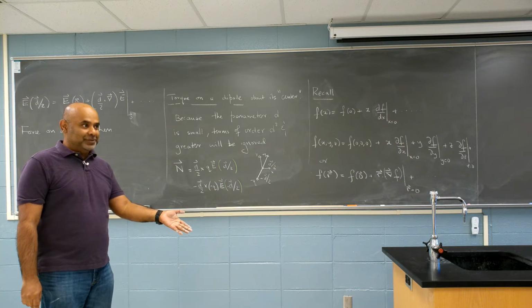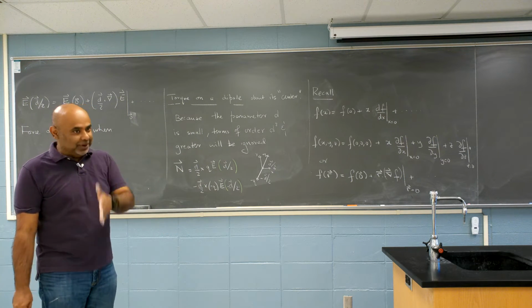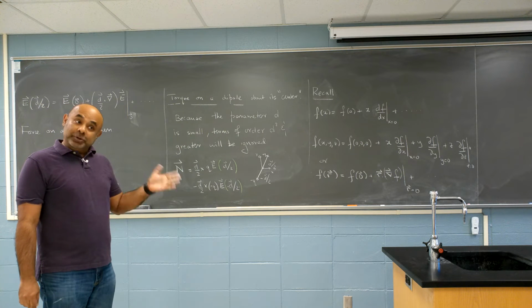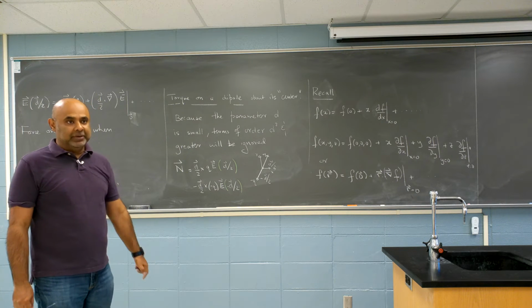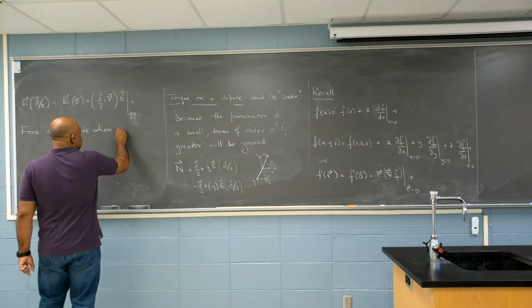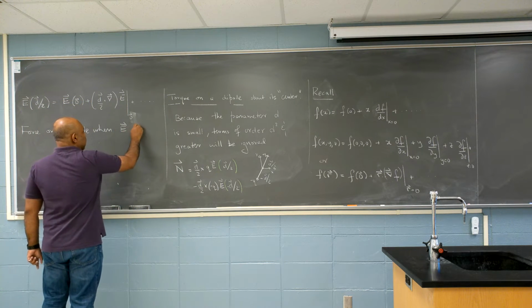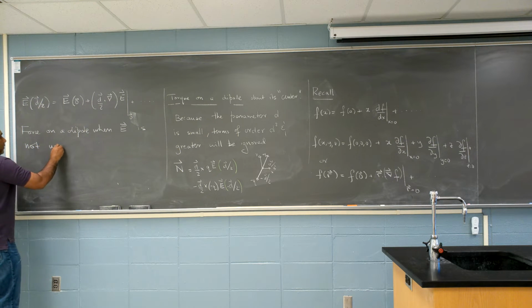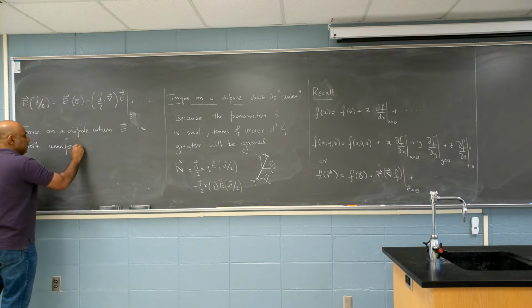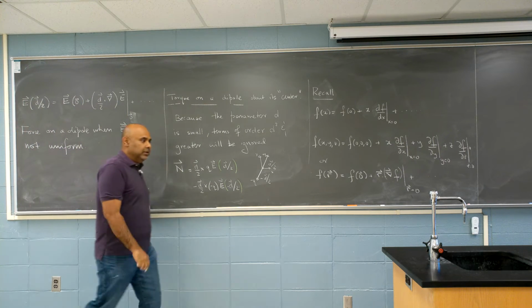We did force first, then torque, then we're talking about force again. The force was 0. What was the condition there? Constant electric field, uniform electric field. So when E is not uniform, and this is a section title.